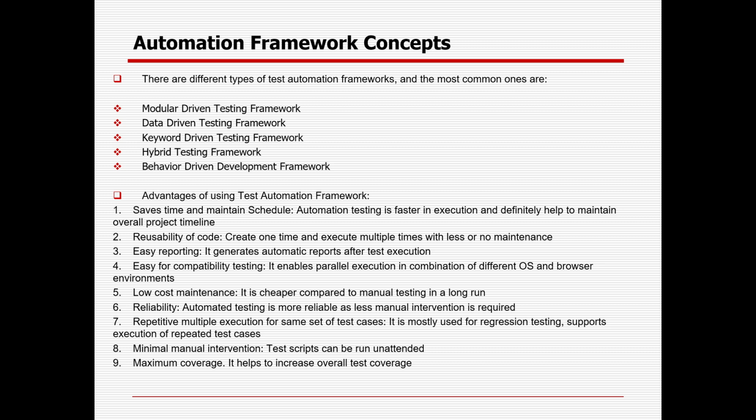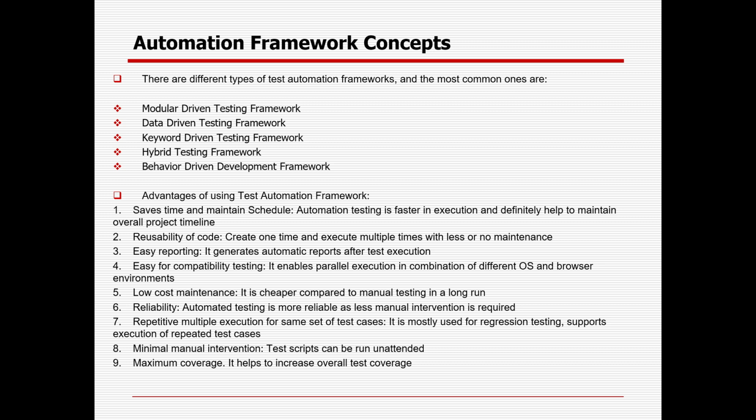Reliability: automation testing is more reliable as less manual intervention is required. Whenever work is done by human resources, there might be some mistakes, but whenever you are doing automation testing, there is a very small chance of error, and things can be executed with minimal manual intervention.